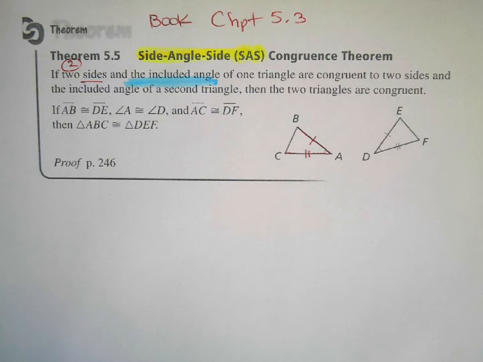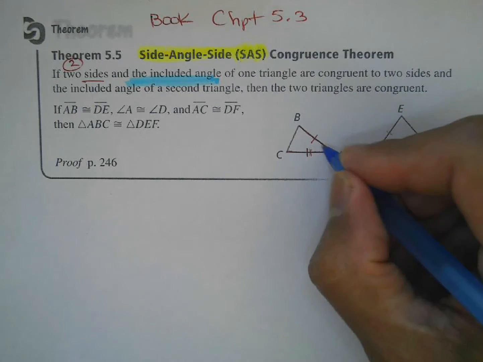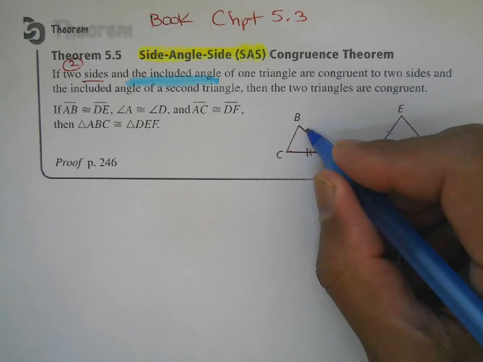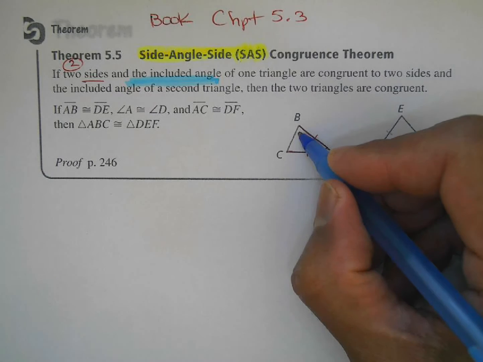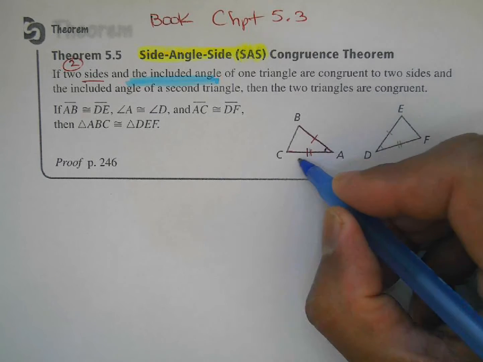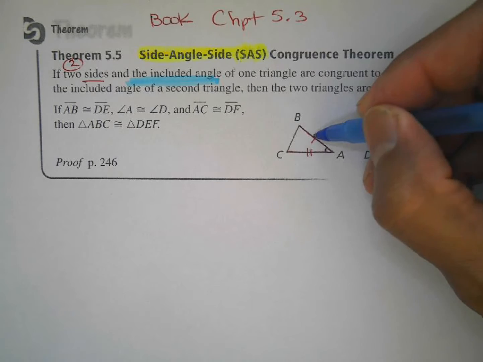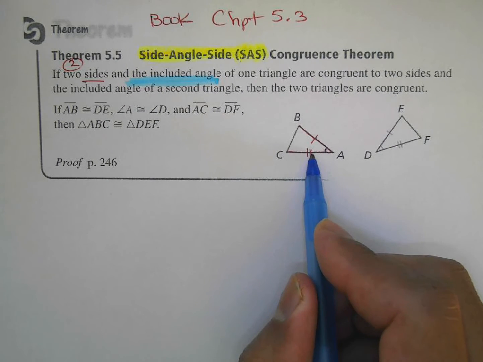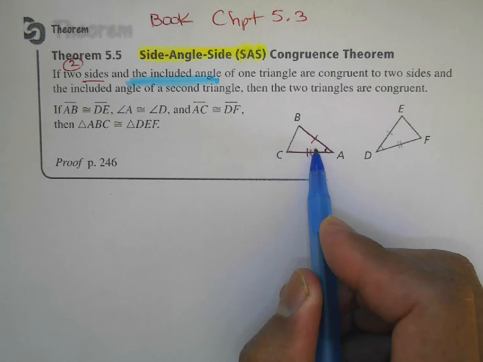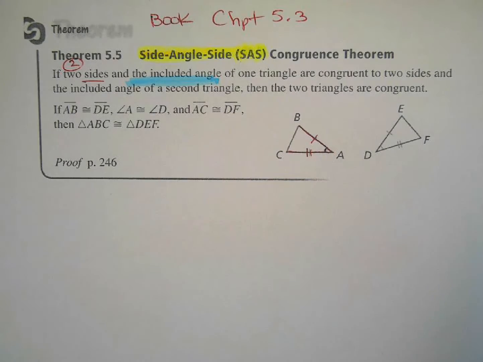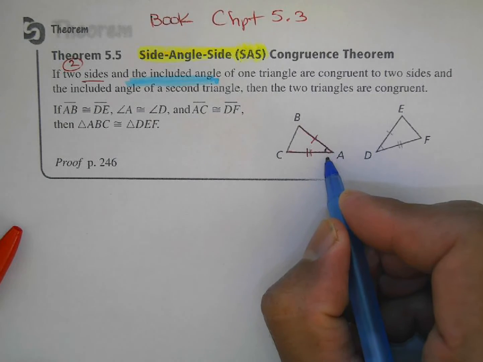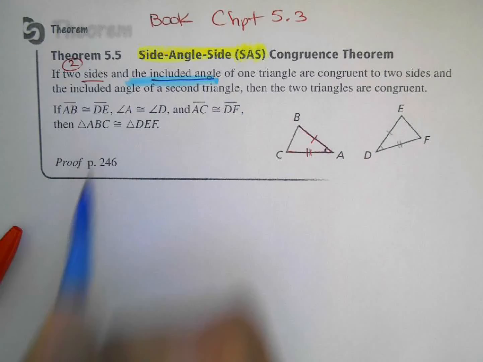It has to be this angle here, the included angle, angle A. These two sides make this angle. So it's in order: side, then the angle, then the side. It could not be either of these two angles. The included angle is the angle in between, the angle connecting those two sides, okay?